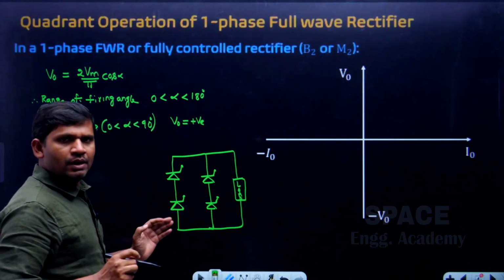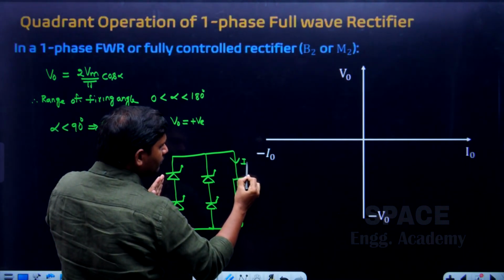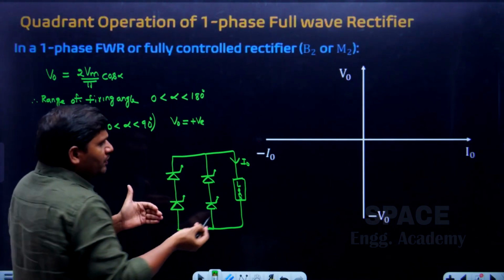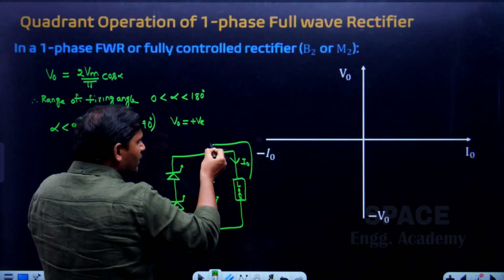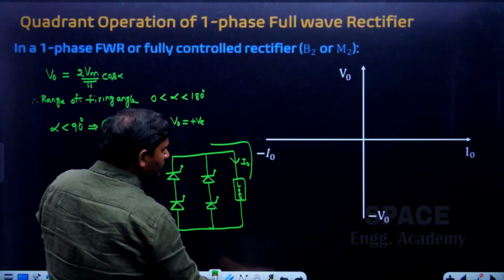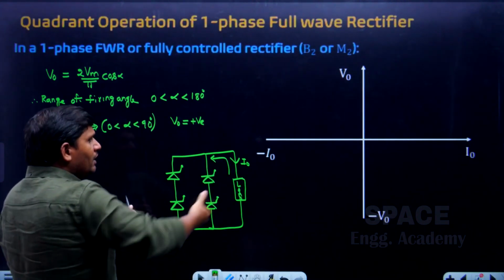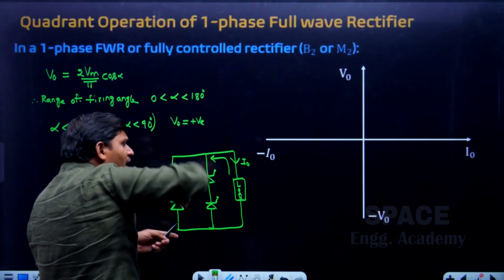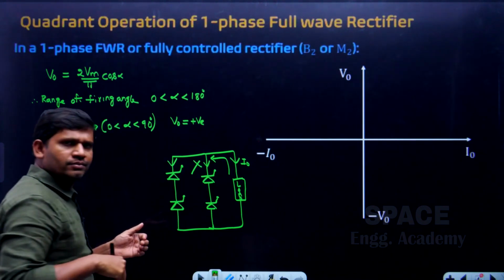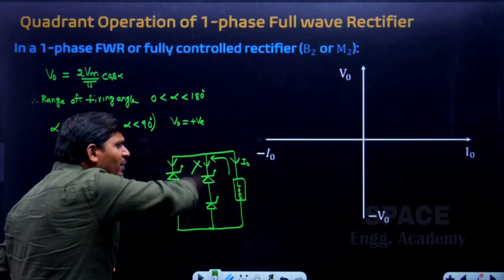Yes friends, the current is always in this direction. Current is negative means current must flow in this direction. Then only current is negative. But the devices cannot allow current in the reverse direction. The thyristors cannot allow it in the reverse direction. This is the reason why in rectifiers the current never is negative.